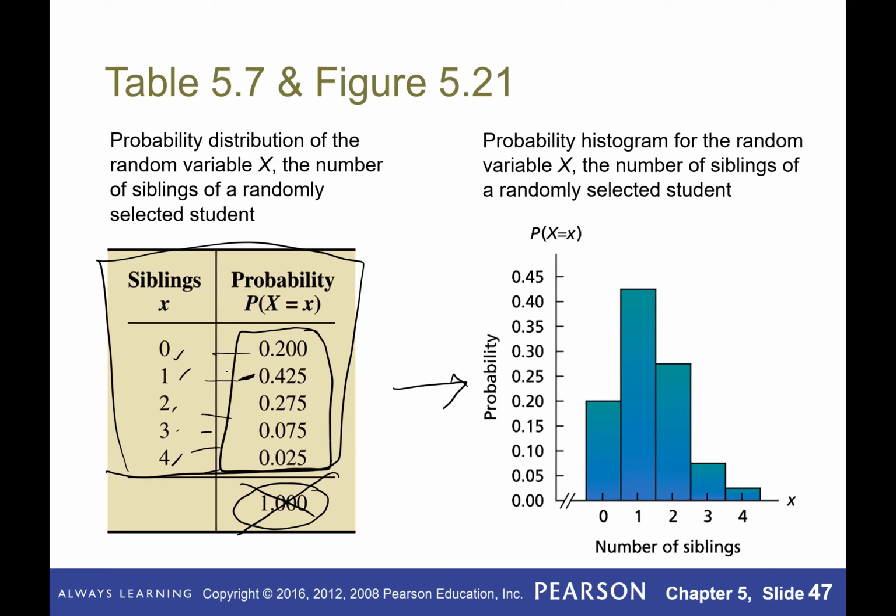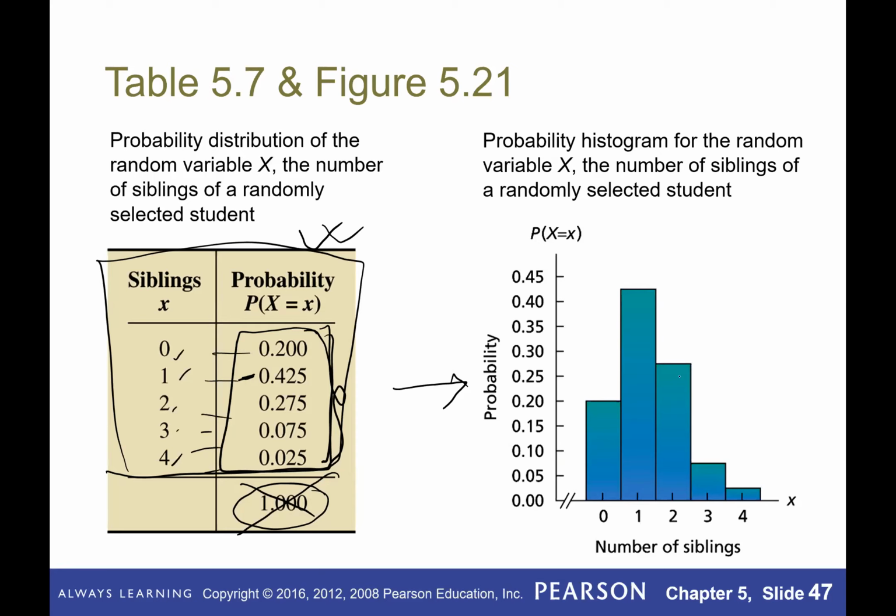And if this condition is satisfied, then the third condition is that the total probability is 1. So if you add them together, it will always be 1. If these three conditions are satisfied, then this table is a probability distribution.